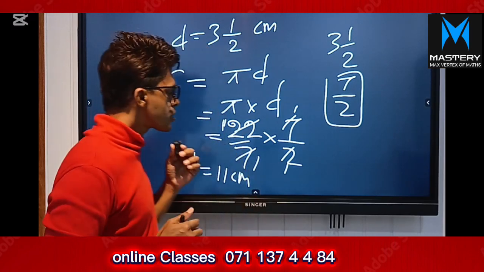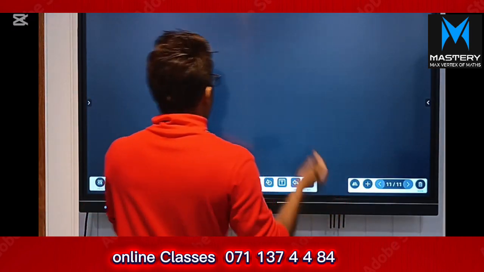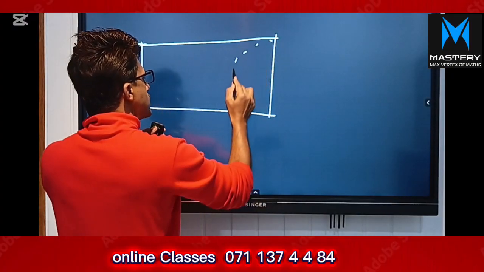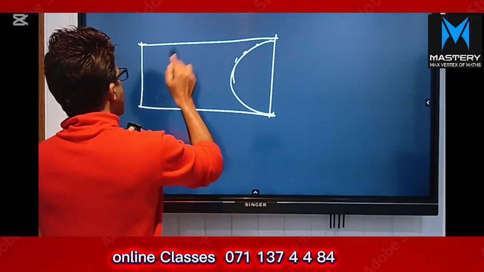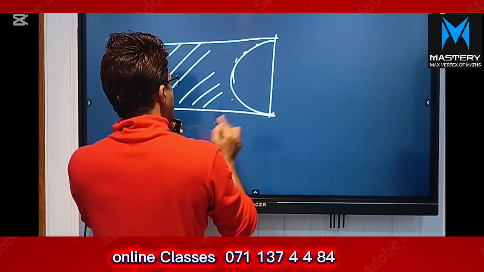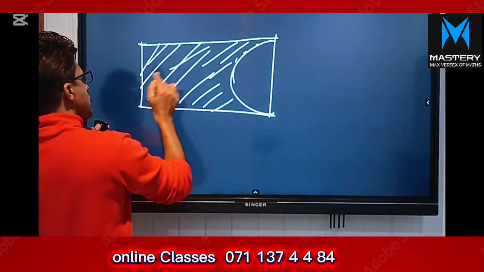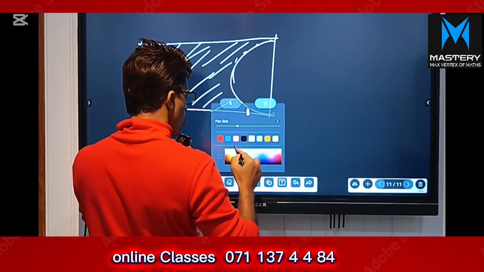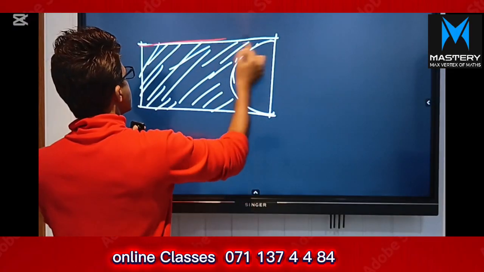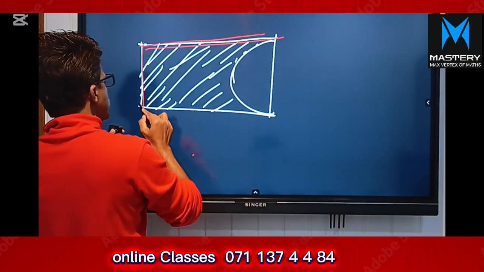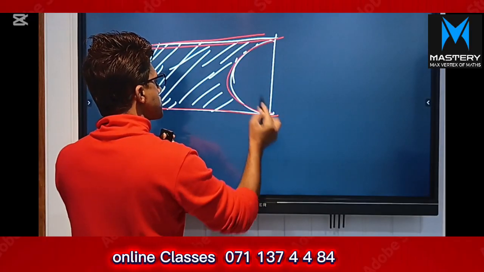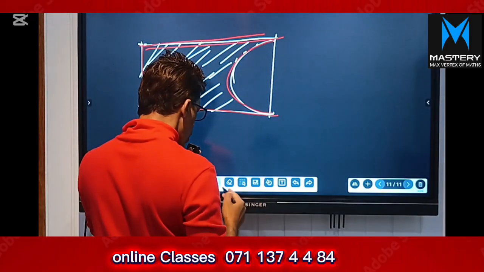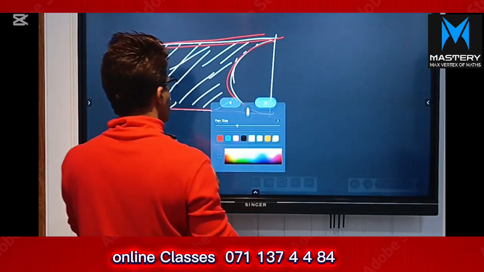Okay, so I will teach you how to find the circumference of this shaded part. We are able to get the perimeter of the shaded part. How do we calculate it? The perimeter of the shaded part means this red colored segment, the total is taken as the perimeter here.